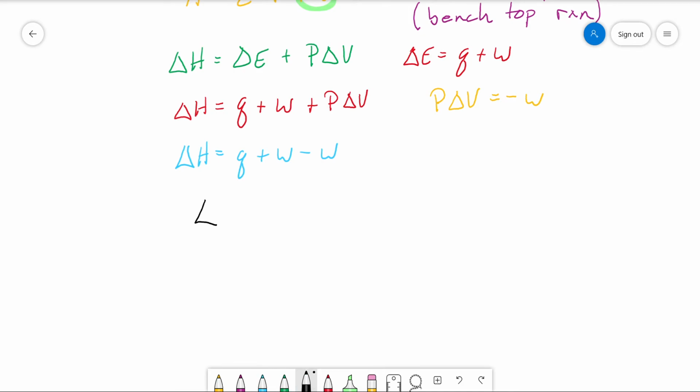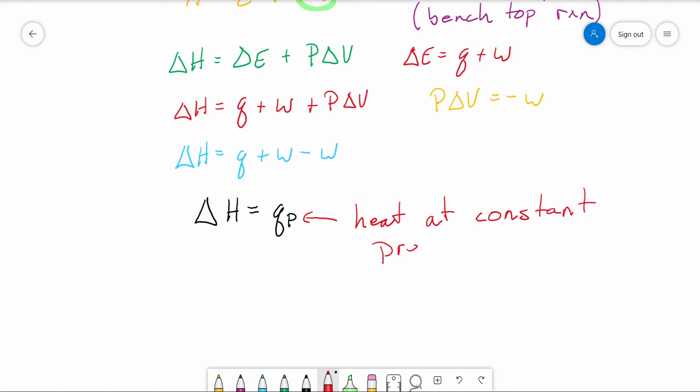So we get delta H is equal to Q sub P. And that sub P just means constant pressure, heat at constant pressure. So that would be the kind of thing we would have in a normal lab setting, like I already mentioned.